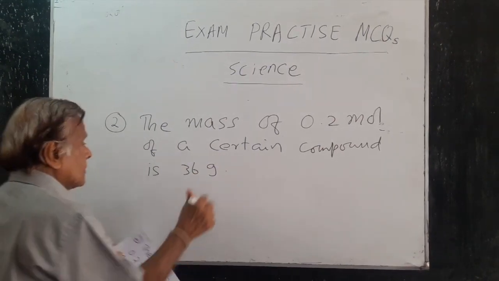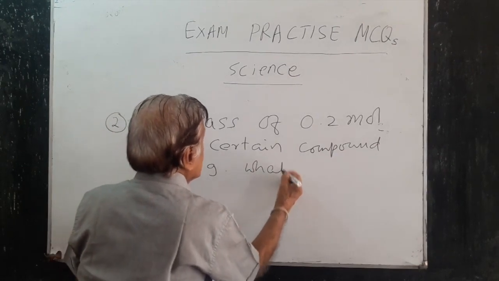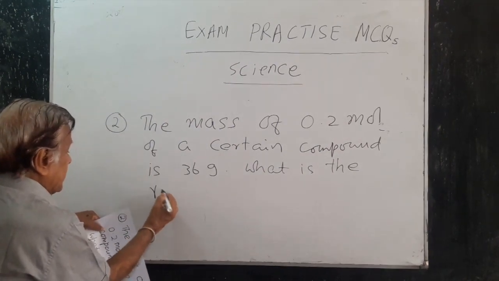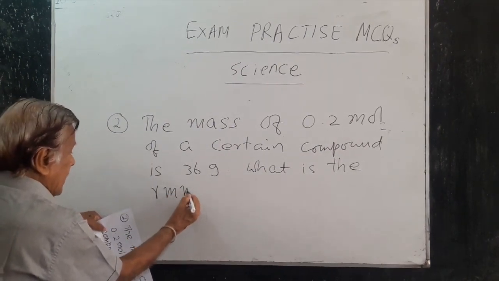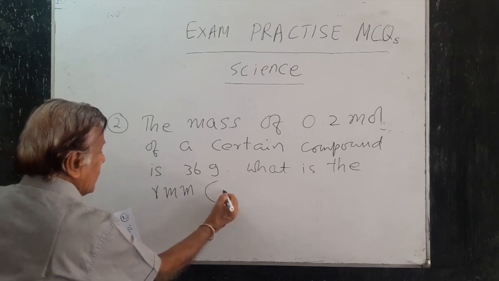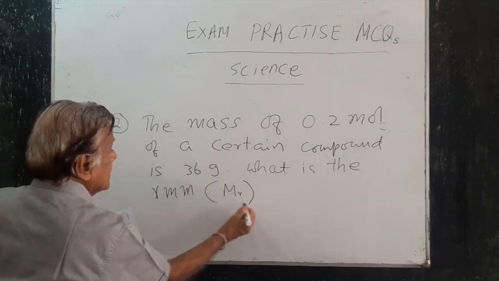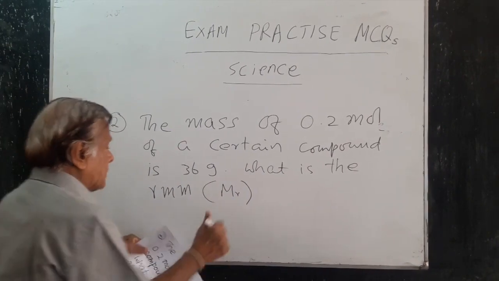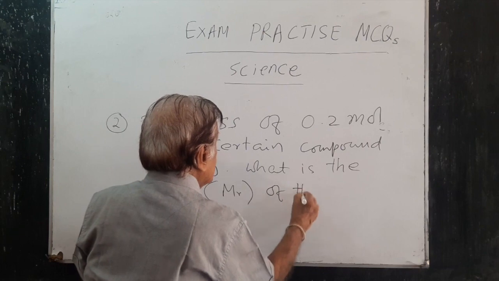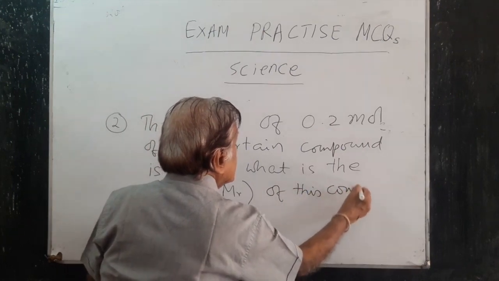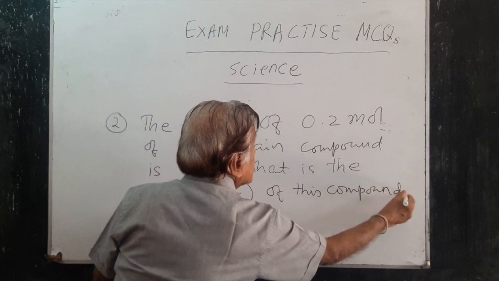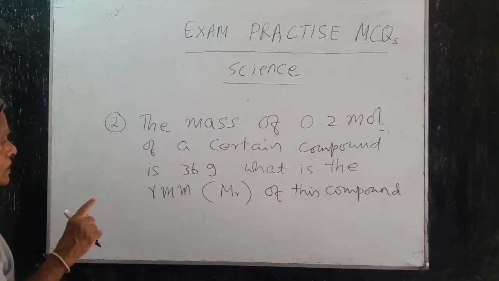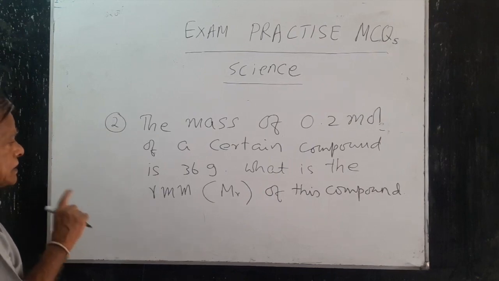What is the relative molecular mass, Mr, of this compound? The mass of 0.2 moles of a certain compound is 36 grams.